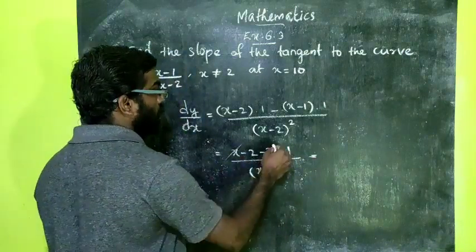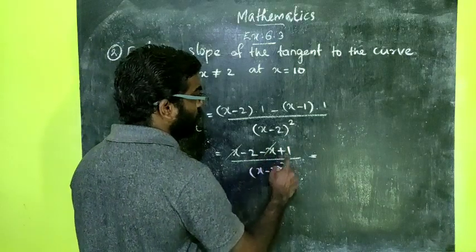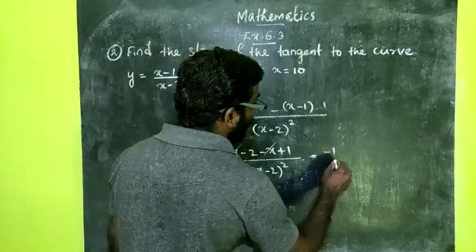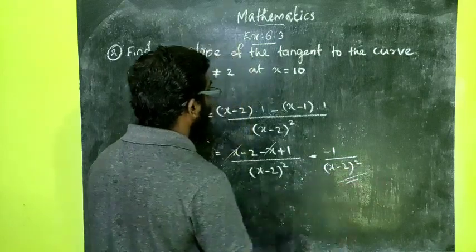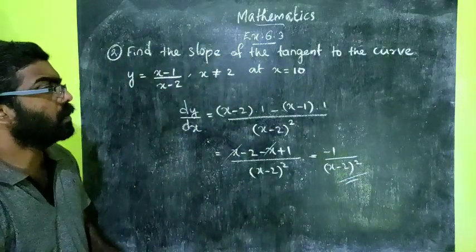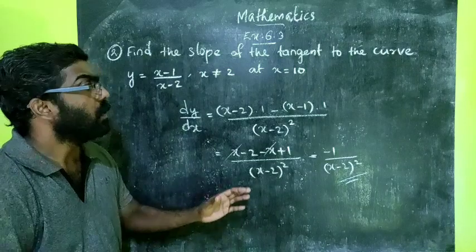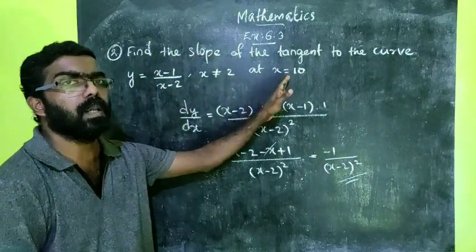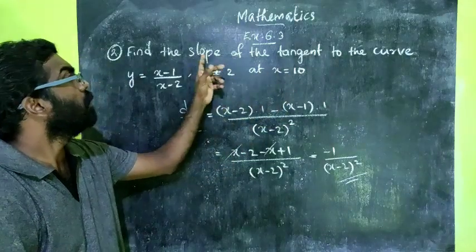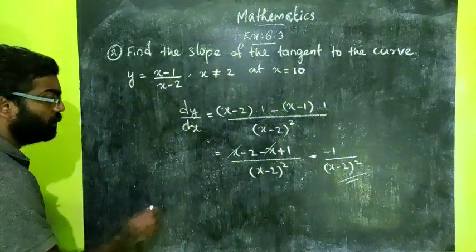Here x and minus x we can cancel. Minus 2 plus 1 is minus 1, divided by x minus 2 the whole square. Okay, so this is dy by dx, or the first order derivative. Now we have to find the value of dy by dx at x equal to 10. That will be the slope of the tangent.